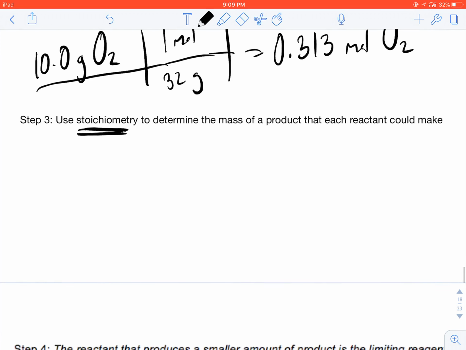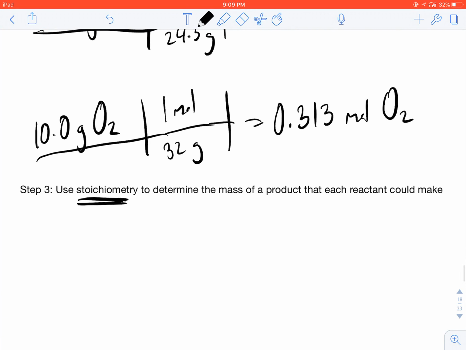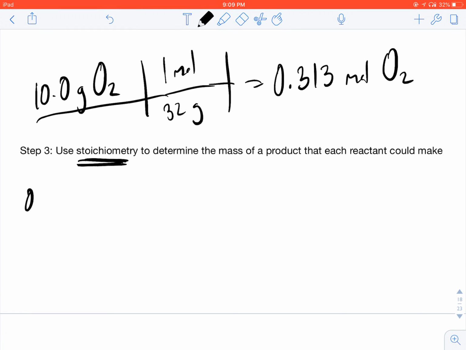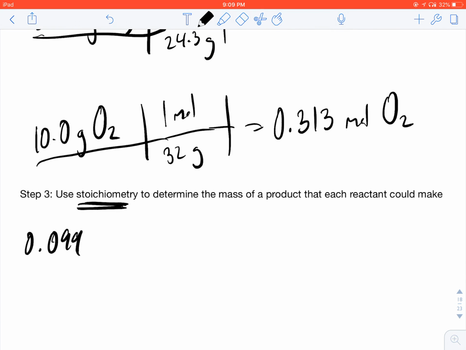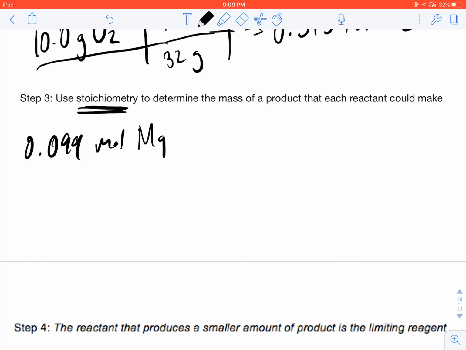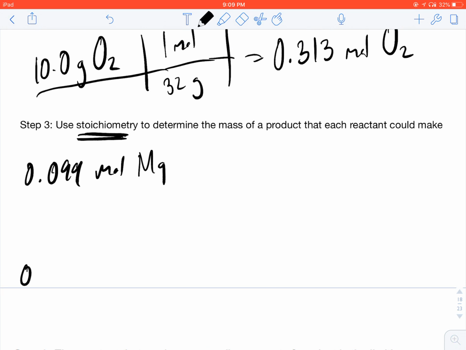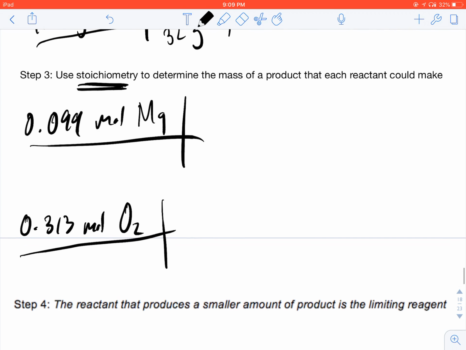Well, let me write it down first and then explain. So what we're going to do is have two lines of calculations here, starting with the amount of each component that we're given. All right. So now each line is going to be kind of like one of the questions we had from the previous lessons.